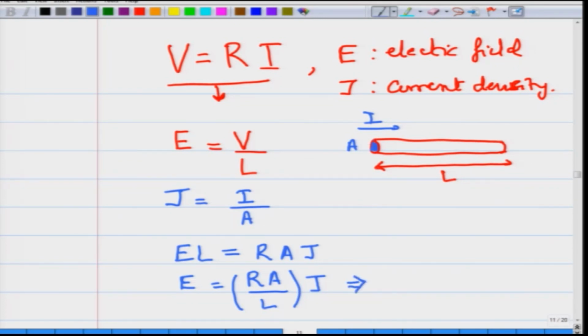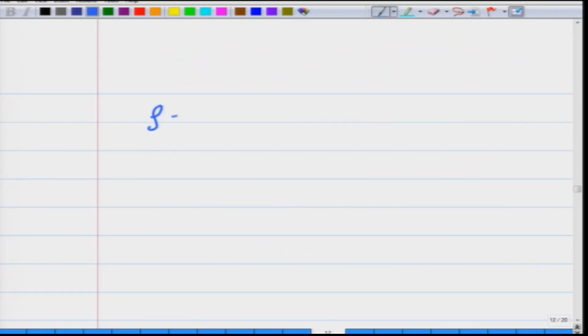This gives us a quantity which is called the resistivity of the metal or of a material, where rho is equal to R A over L. This just comes from the earlier expression.